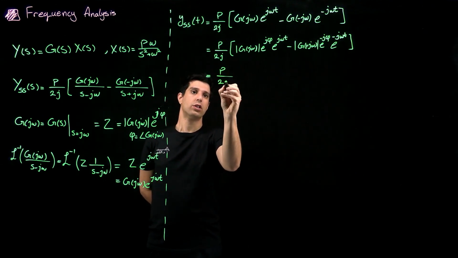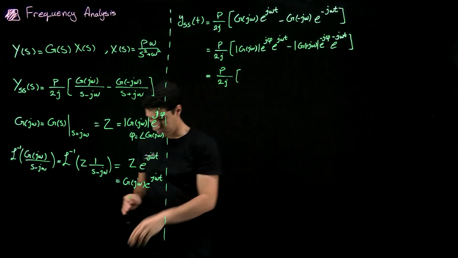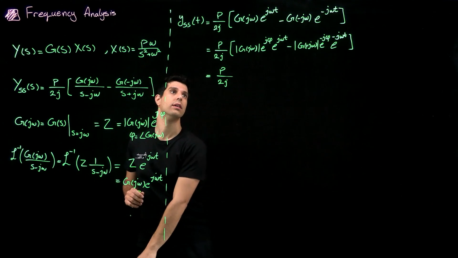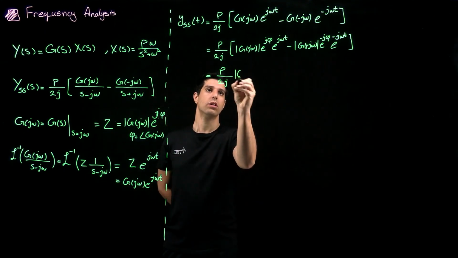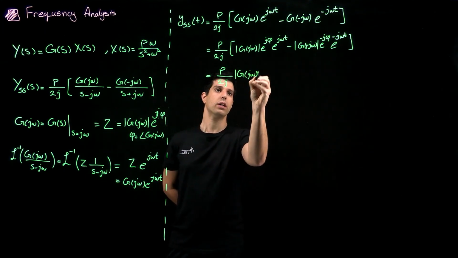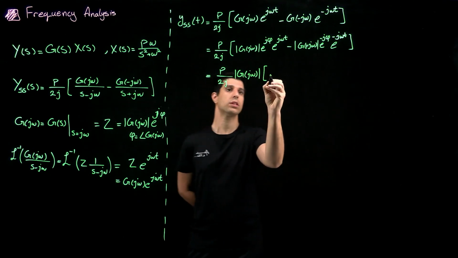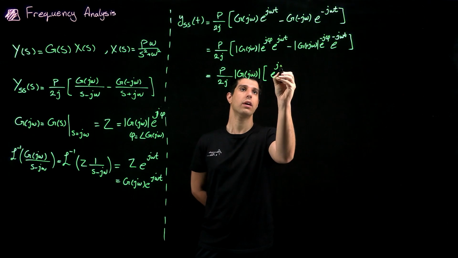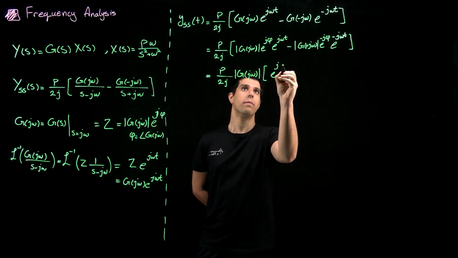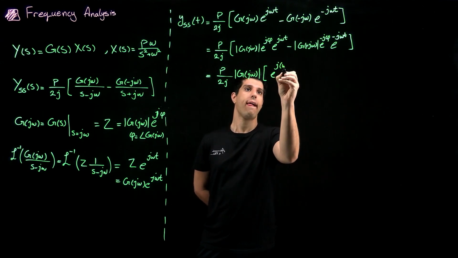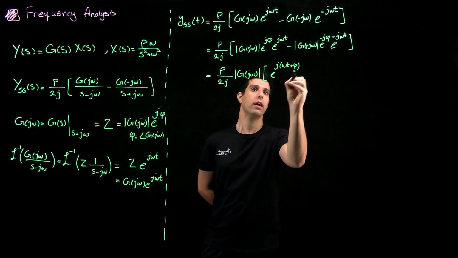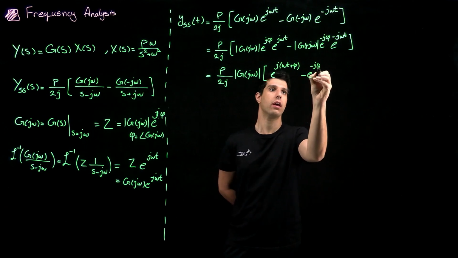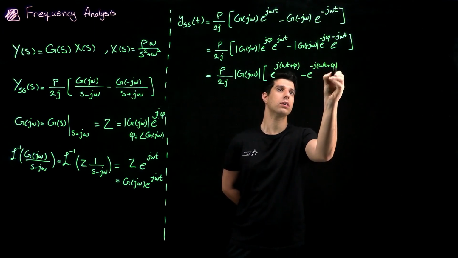P over 2j, let me pull that out too. Norm of g of j omega times e to the j, omega t plus phi, minus e to the minus j, omega t plus phi.